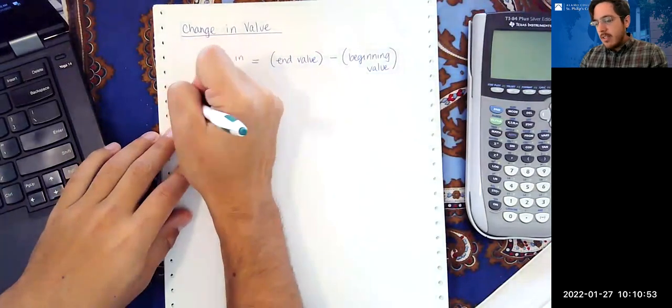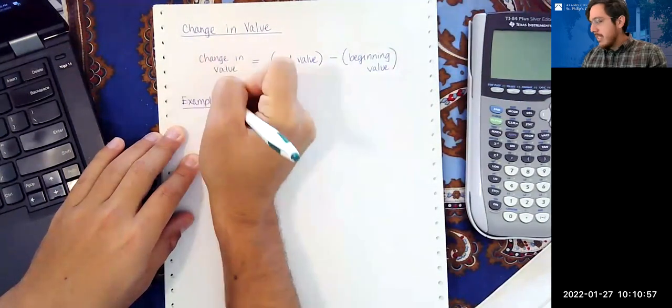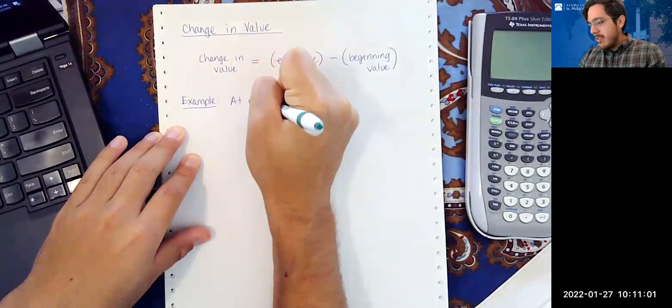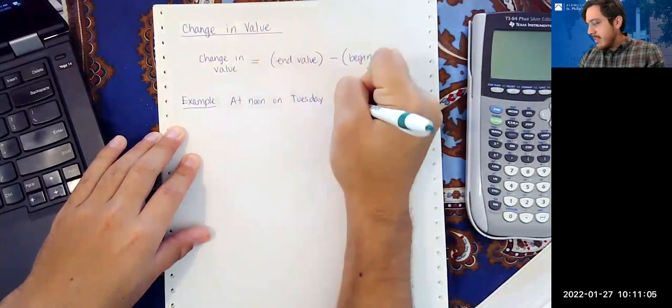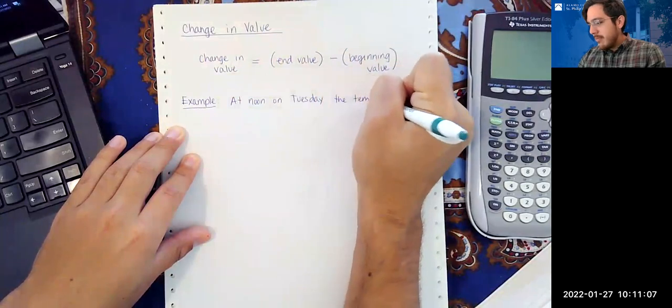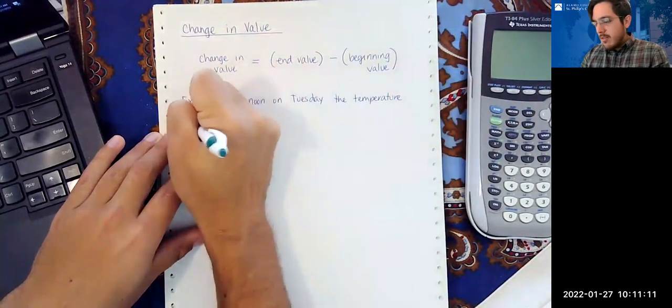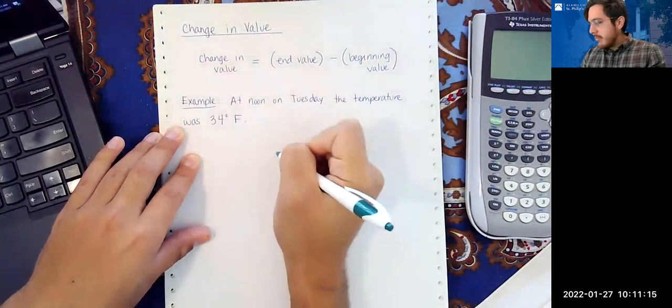Okay, so I'm going to give you an example, and it's a word problem, so give me some time to write this down. At noon on Tuesday, the temperature was 34 degrees Fahrenheit.